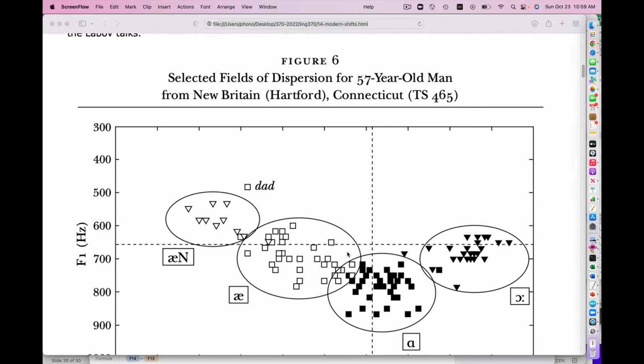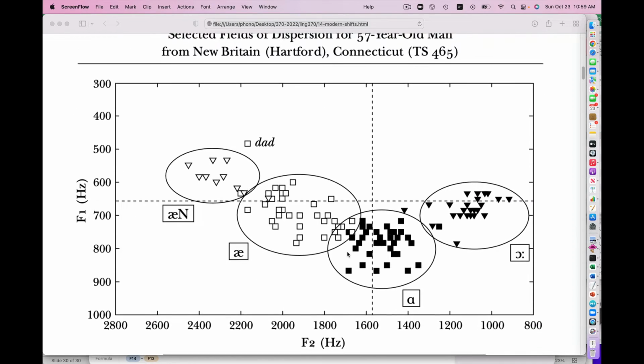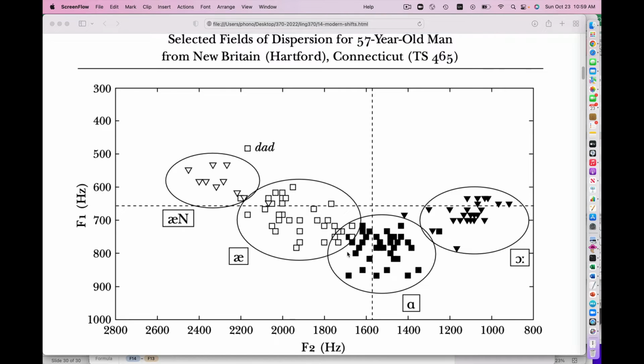And so this is illustrated nicely in this chart with F1 and F2. Again, F1 is related to height, and we have higher F1 values for lower vowels. And then F2 is related positively with frontness. We have higher F2 values for fronter vowels.